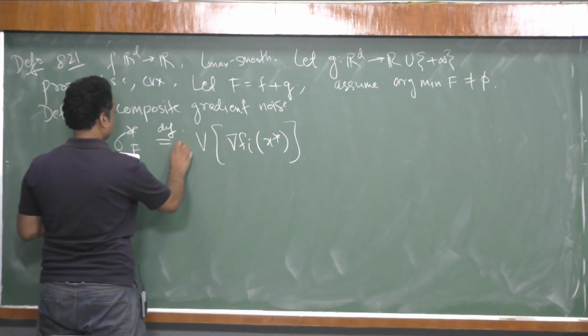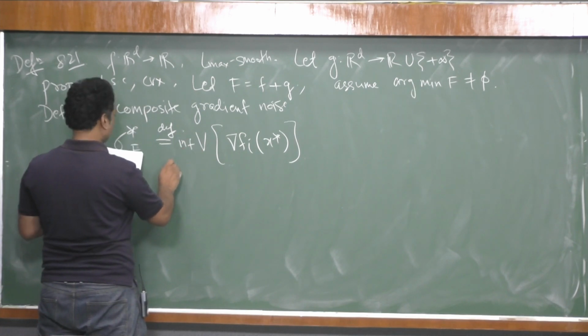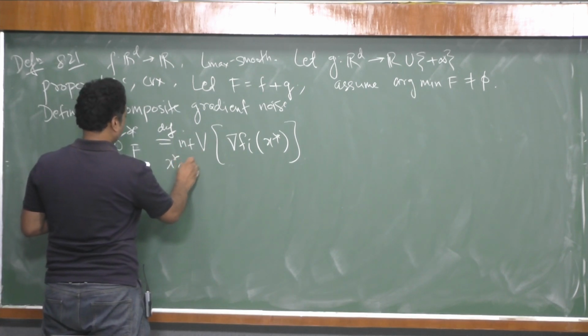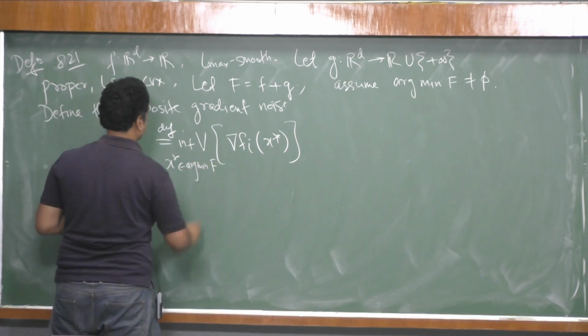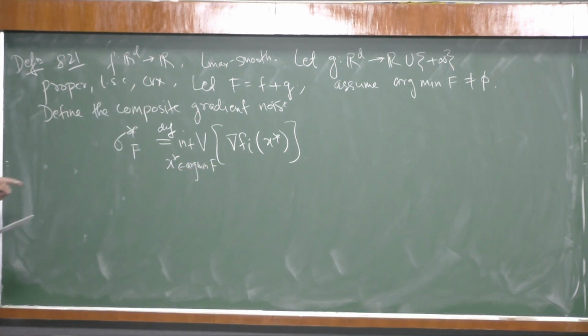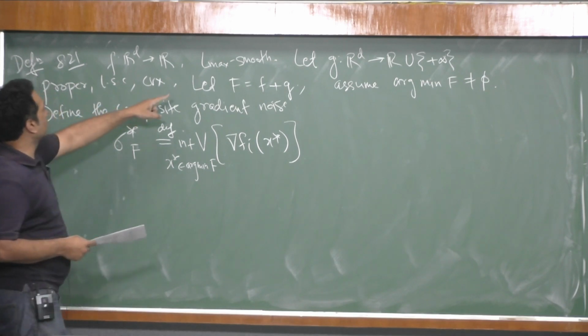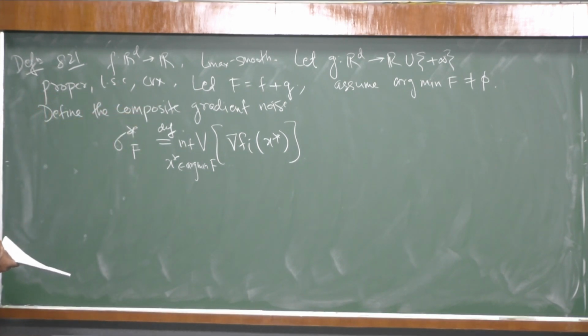I forgot something, and this is the infimum over x star in argmin of F. So f itself is some sum of some L-max smooth.